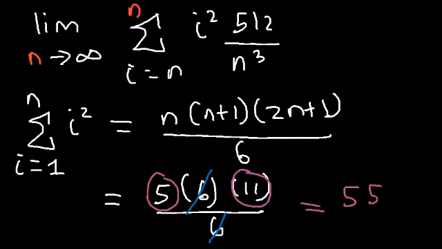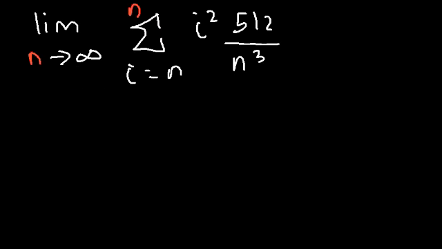But now how do we apply the formula when calculating the area in this particular example? Once you get to this part of the problem, you want to replace the term i squared with an expression in terms of n.